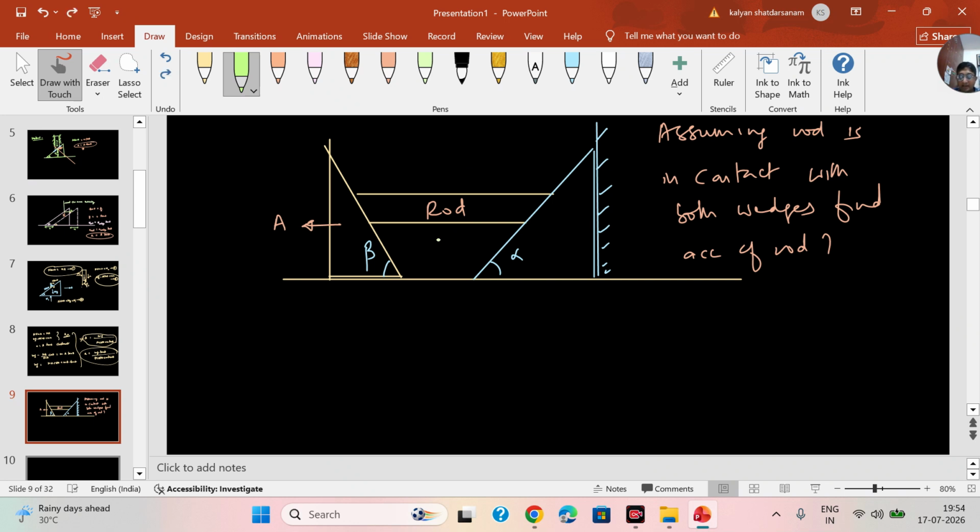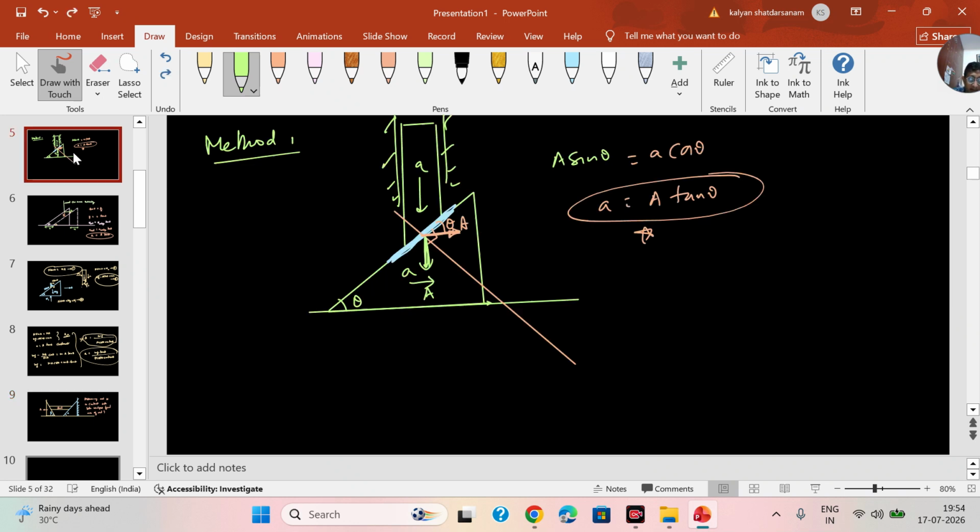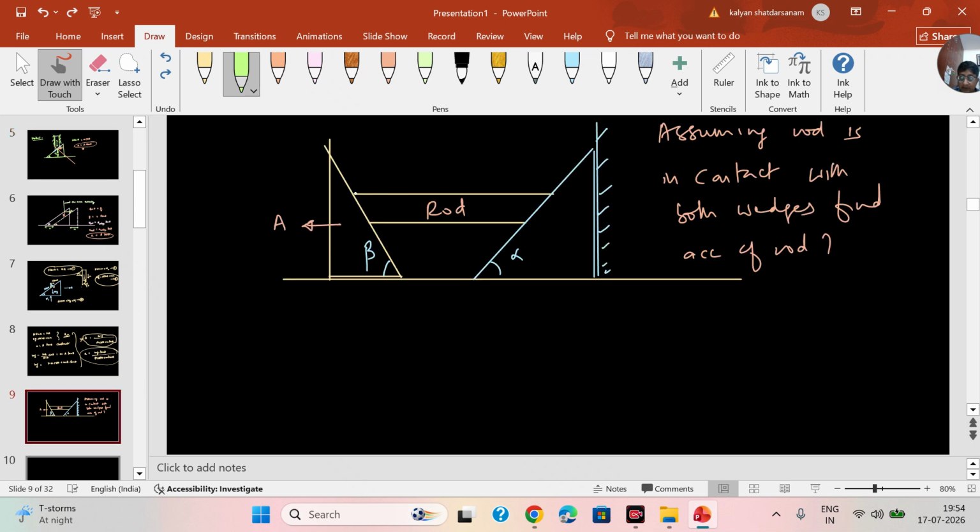That's the problem here. In our previous case, this rod was forced to move only in the vertical direction because these walls were there. But now this rod has to be in contact with both wedges. It can't just come down because it cannot create a hole in this wedge. So it is coming down and it is going to the left also.